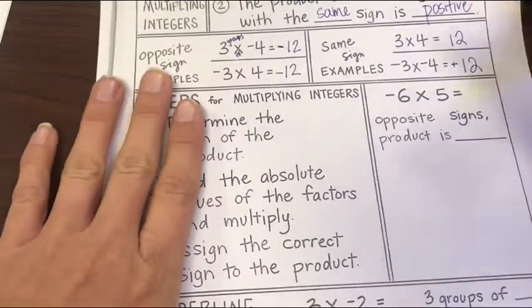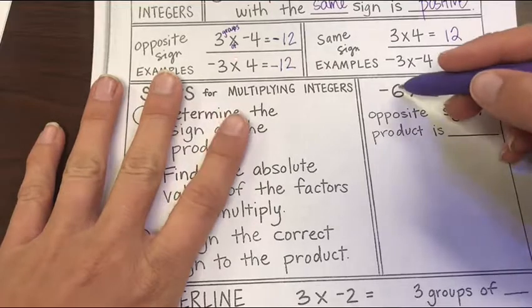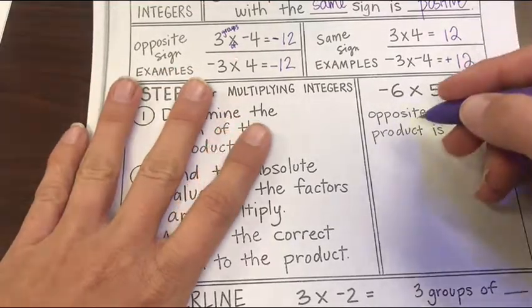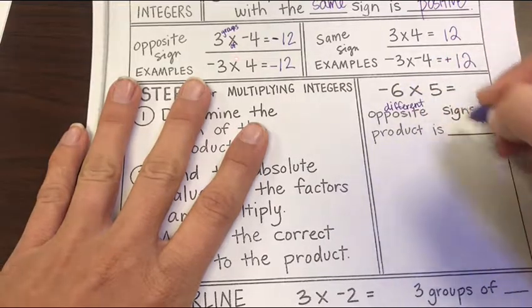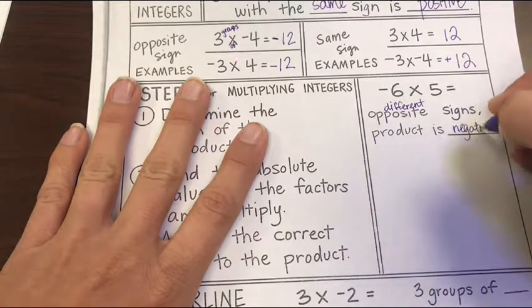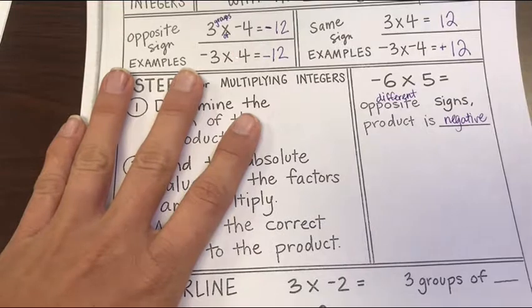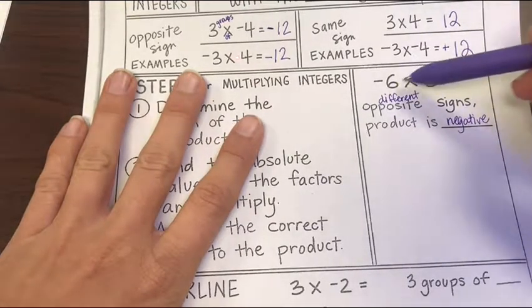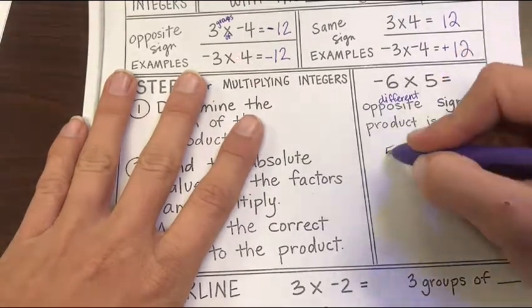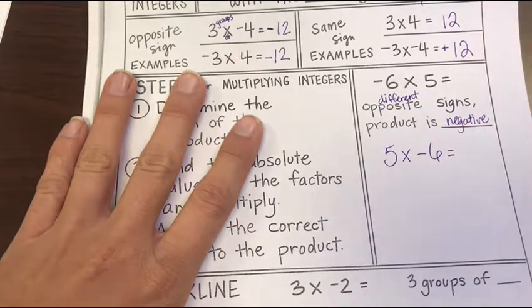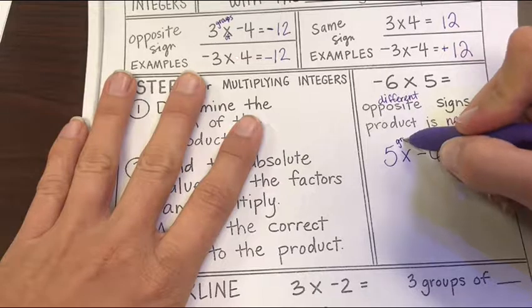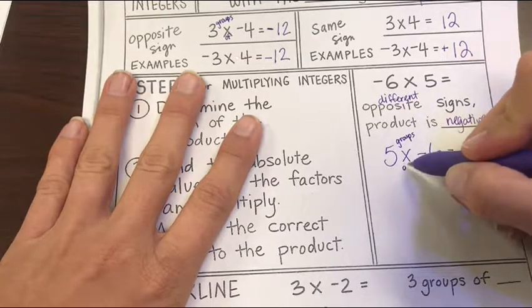Okay, all right, here's an example. So you have negative 6 times 5. Opposite signs, or different signs, then your product is going to be negative. If we switch the order of them, using the commutative property, then this would be 5 groups of negative 6.